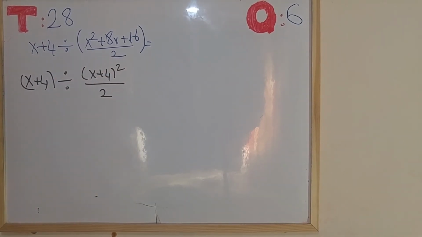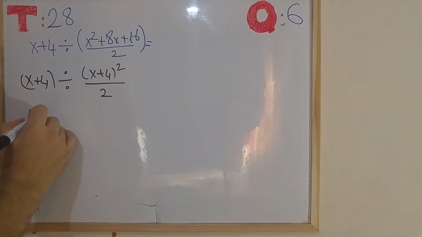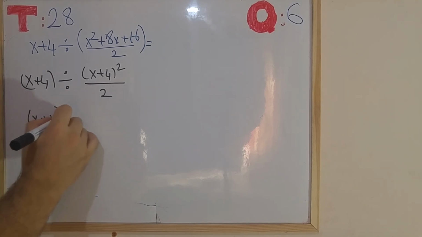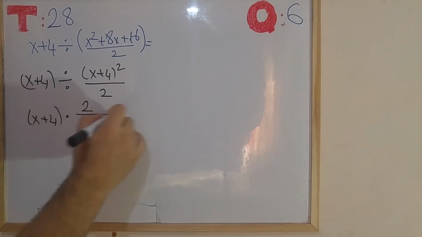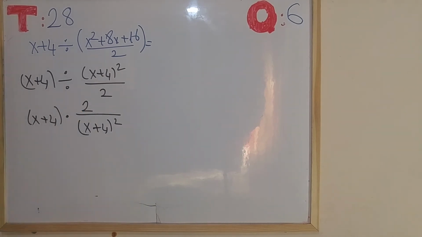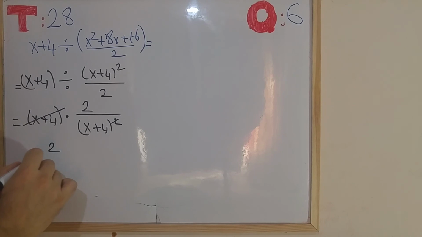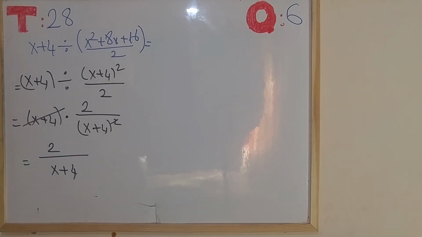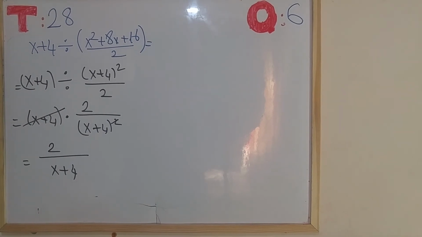Or I can write it down the other way by multiplication, turning it upside down. x plus 4 times 2 over x plus 4 squared. So what I have is this square and x plus 4 cancelling each other out. So what I have in the numerator is 2, and in the denominator what I have is x plus 4. 2 divided by x plus 4 is the answer.